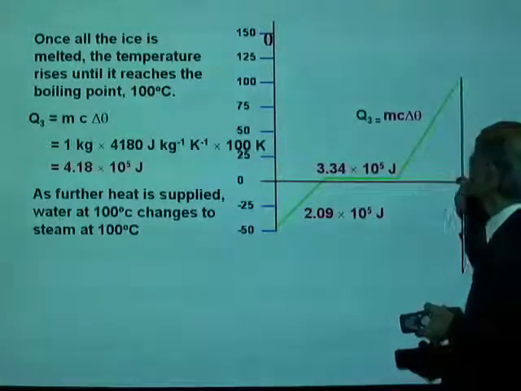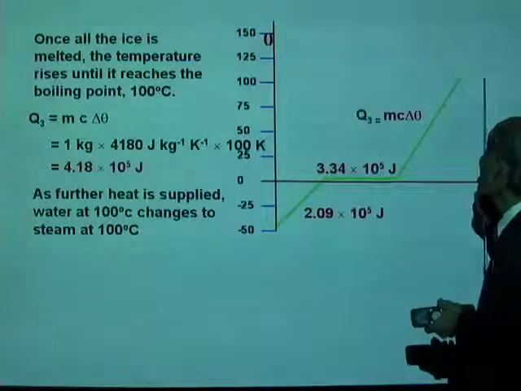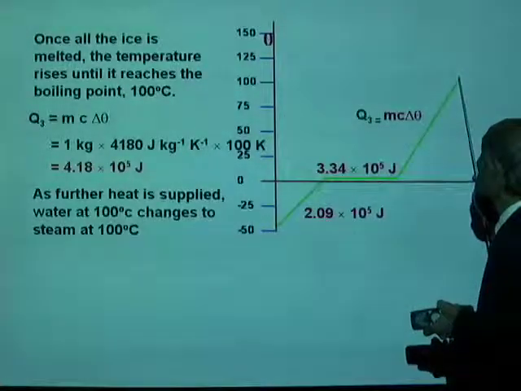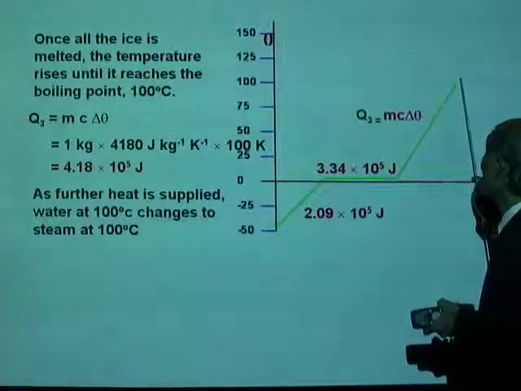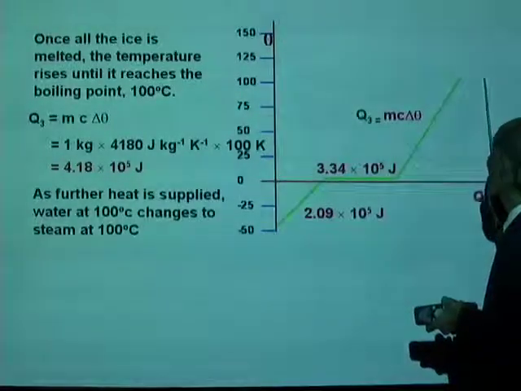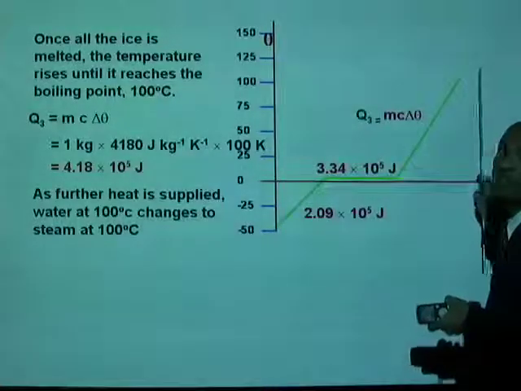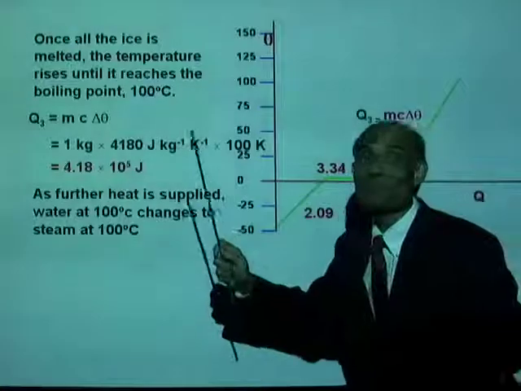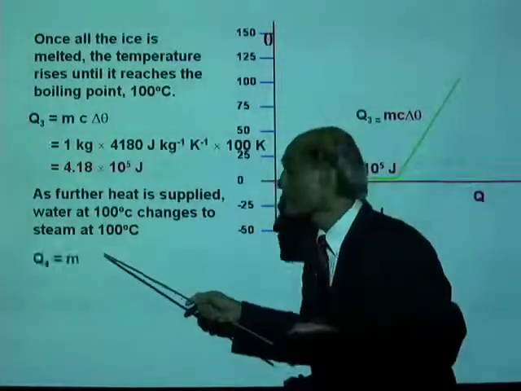So here, when you supply heat further to it, there is not going to be a change in temperature. Here all the substance is liquid water, and as more heat is absorbed, all that water is going to be converted to steam at the same temperature. What is the amount of heat needed to do that?